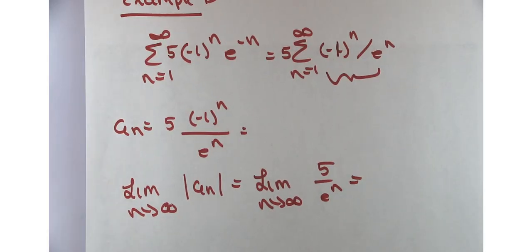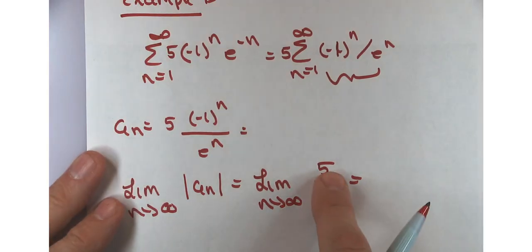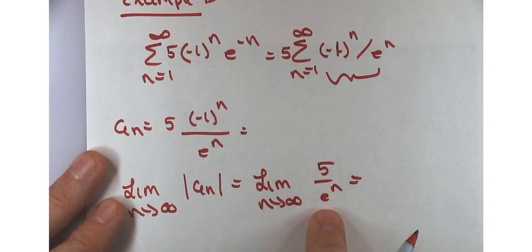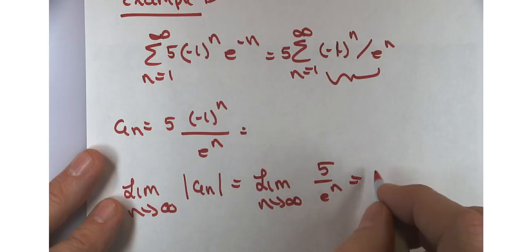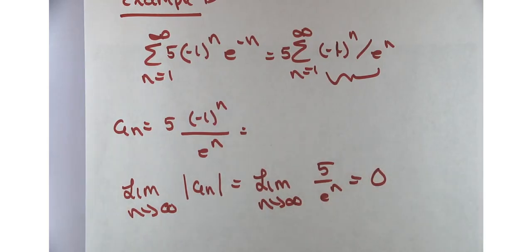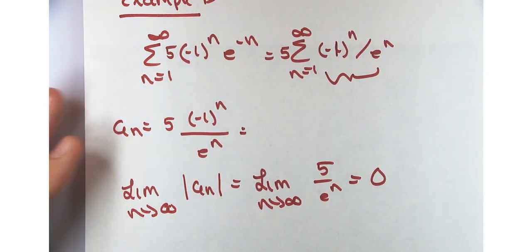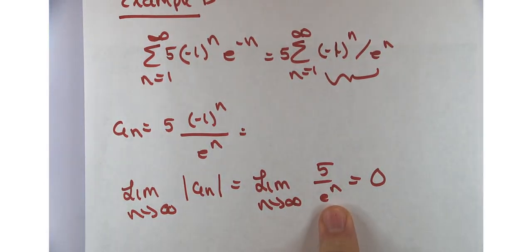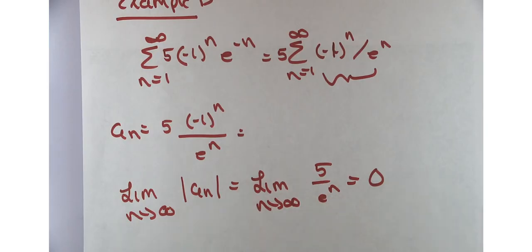What's that limit going to be? Can we just kind of eyeball that one? Yeah, you're going to be dividing 5 by some number that's going to get increasingly large very quickly. So yeah, that limit's going to go to 0. Nice. Now, this one's a little different than our previous one.